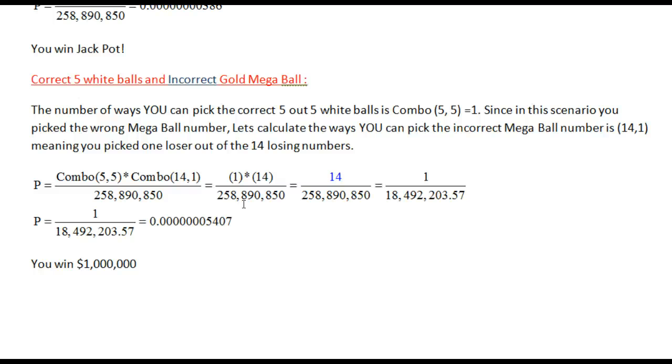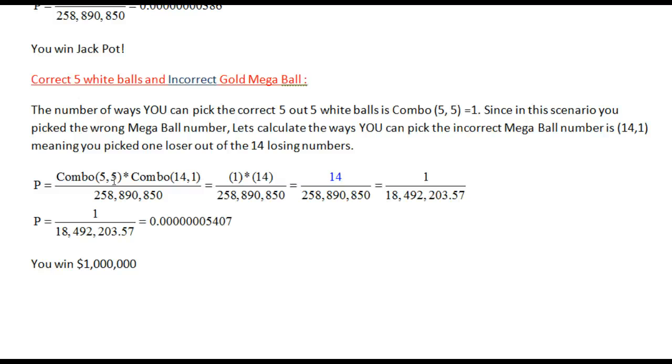If one of them is correct, then the other 14 are losers. And you pick one of those 14 losers. So therefore, your successful attempts on the top, in the numerator, is combo 5, 5 times combo 14, 1. Because that's the successful attempts you had. You picked the right 5 out of 5, but you picked the wrong gold mega ball.